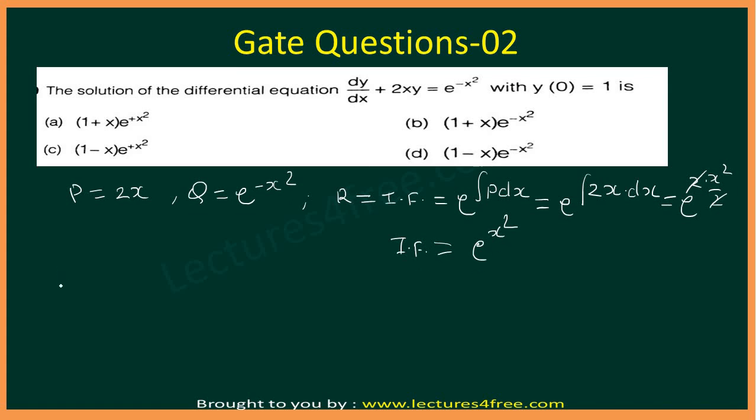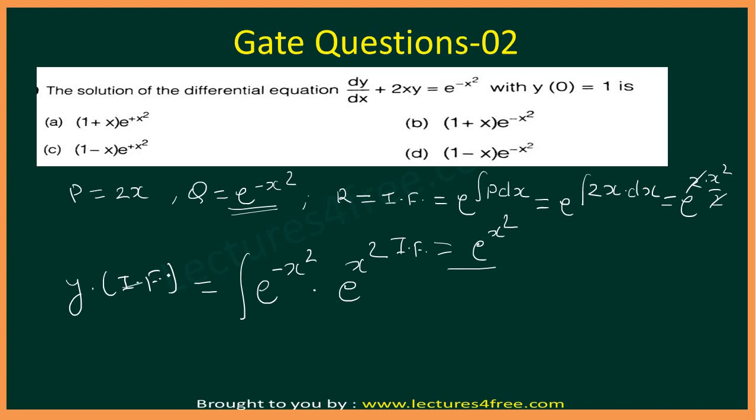So you can write the solution like y into integrating factor is equal to integration of q into integrating factor. So here q is e to the power minus x square into integrating factor, meaning e to the power x square, dx plus one constant c.